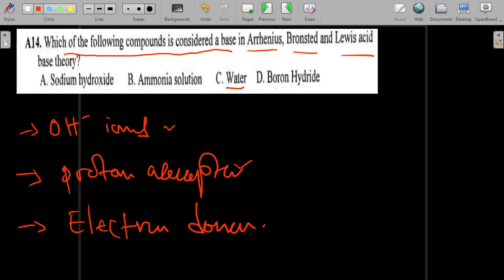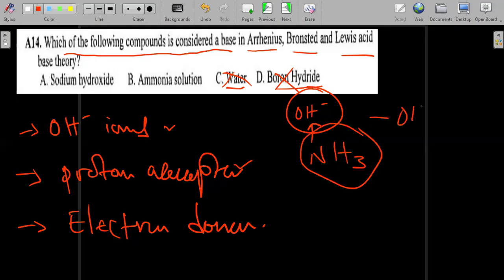Same with boron hydride here. It does not produce these ions, so it can't be considered. What about the ammonia solution? Ammonia solution is NH3, and NH3 can never donate OH ions, so we cancel the ammonia.